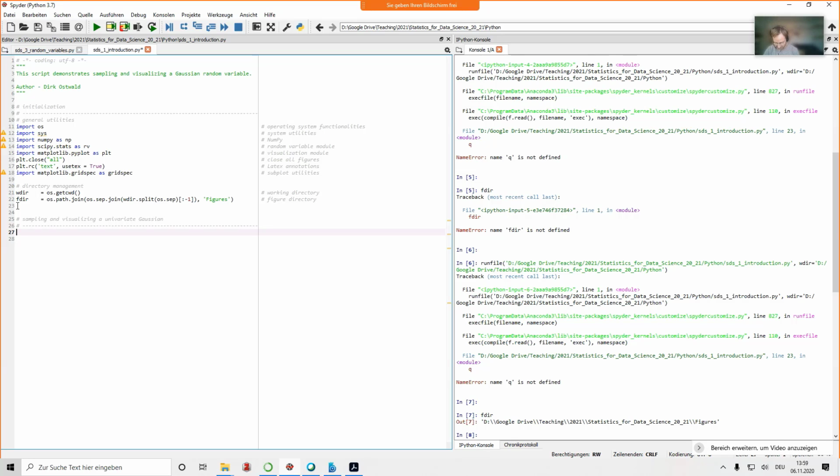First thing is to sample some Gaussian, so we need to decide on a sample size. So let's go for 200 for the moment.